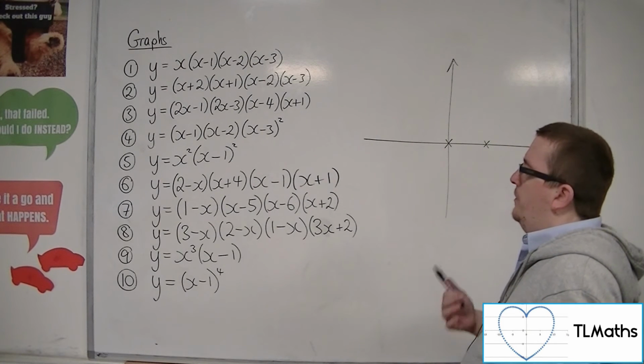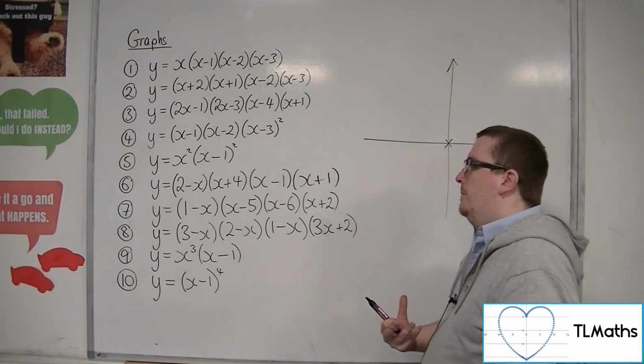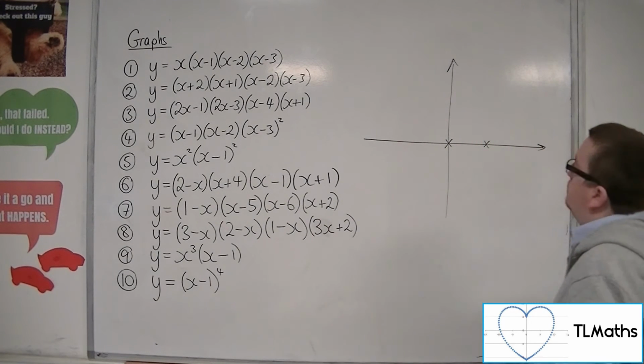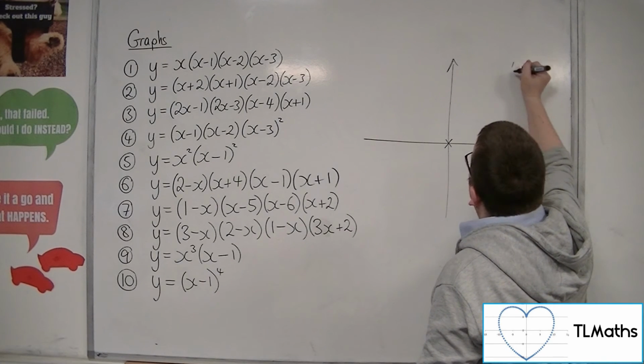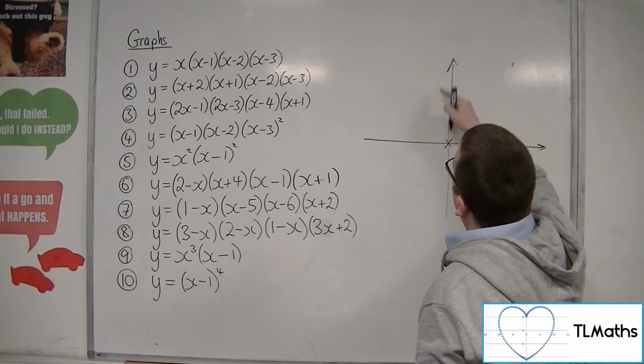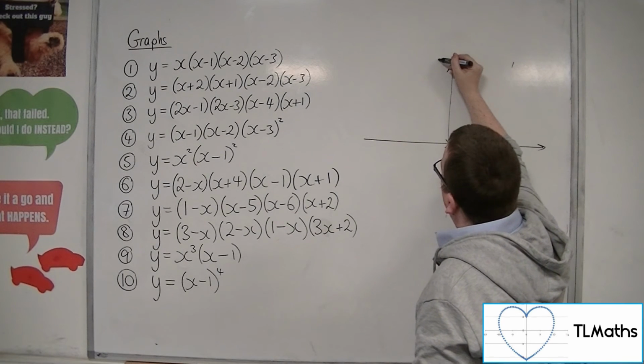So I need to think about exactly how this curve is going to work. From the right-hand side, it must be coming in this way, and from the left-hand side, it must be coming in this way.